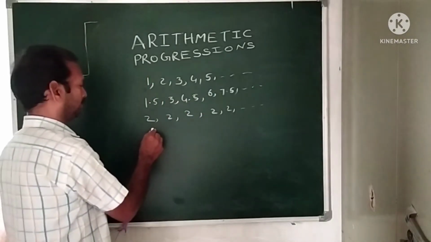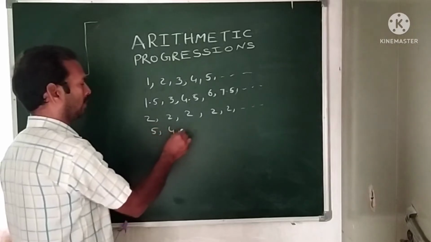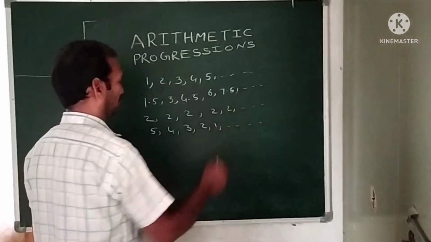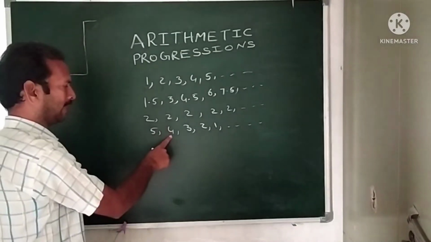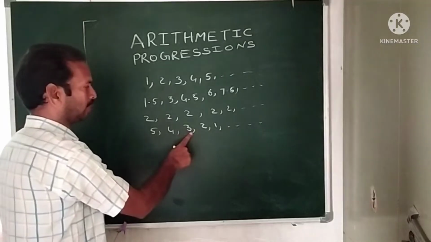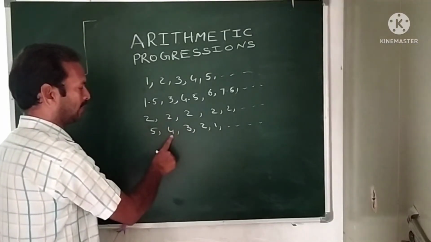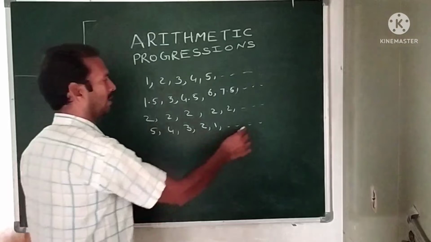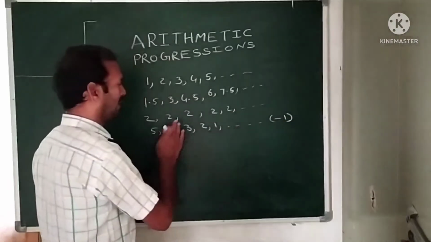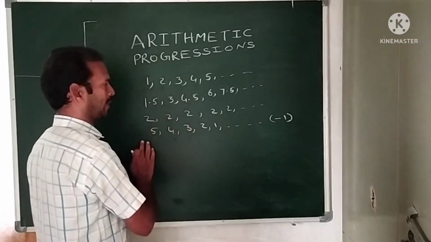Like that, 5, 4, 3, 2, 1, and so on. To get this number, what should we add? Minus 1. To get the third term, add minus 1 to the second term. So here we are adding minus 1 to get each required term except the first.